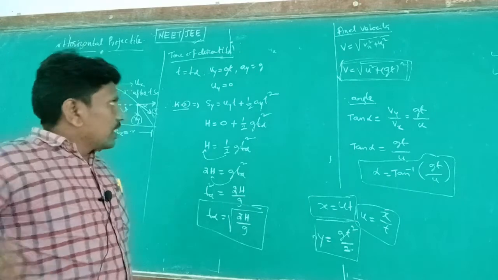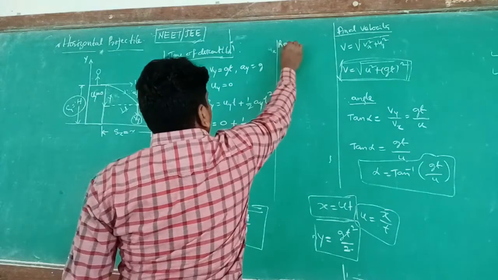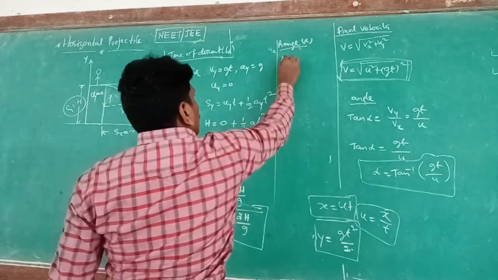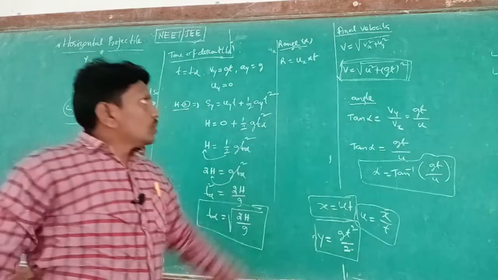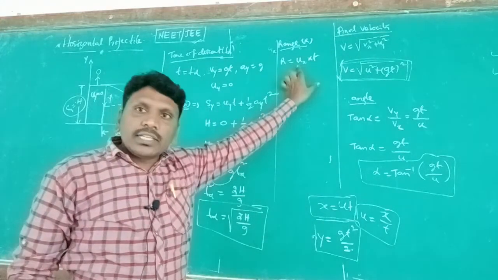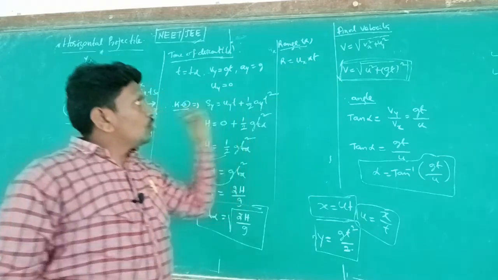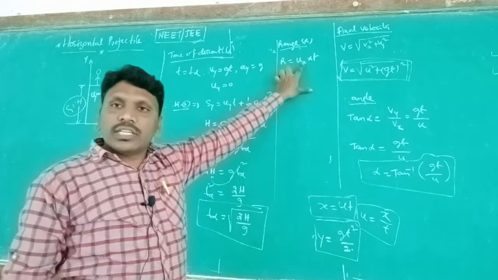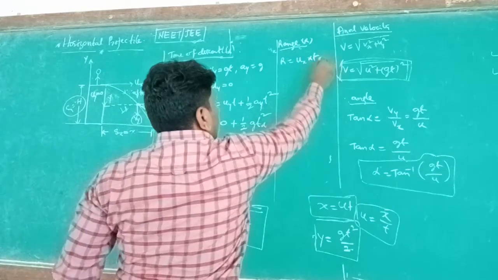From that we can also find the range. What is range? Generally we know that range is equal to the product of the horizontal velocity and time. Here the time is the time of descent, which I am writing as td.